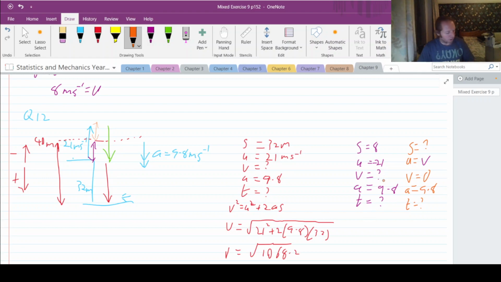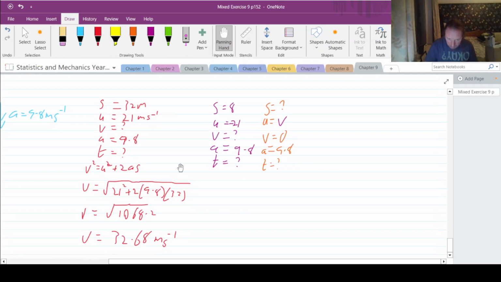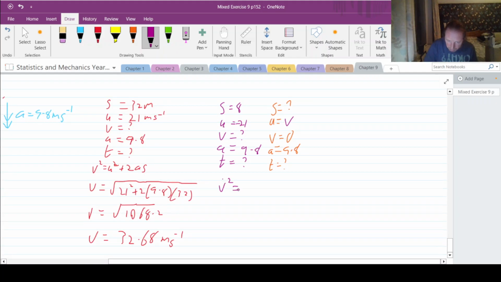So what's the no time equation? In the purple, we use v squared equals u squared plus 2as. So we will find it again being the square root of minus 21 squared plus 2 times acceleration 9.8 times 8.